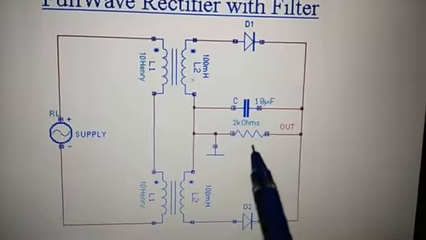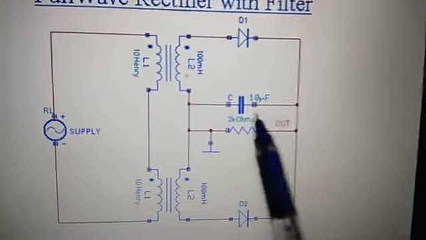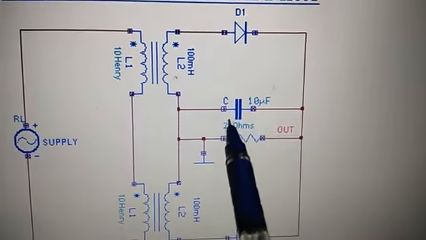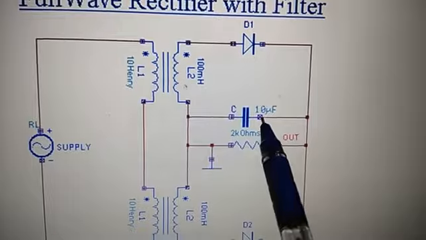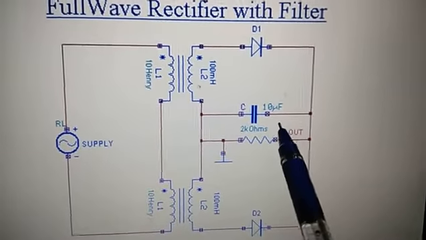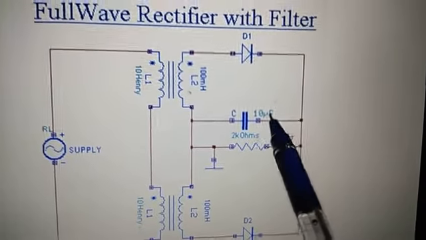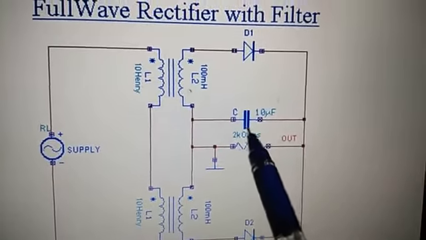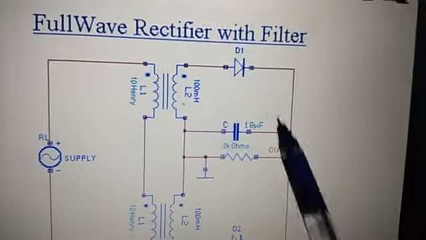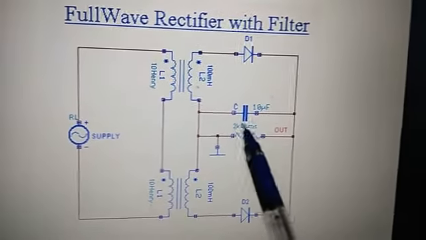Now here, along with the load resistance, a parallel capacitor is connected. You can see this 10 microfarad capacitor shown here. This value depends upon the design; it is written here to show the particular rectifier, but that depends upon the design. This is called a capacitor filter, and this circuit is called a full wave rectifier with capacitor filter.